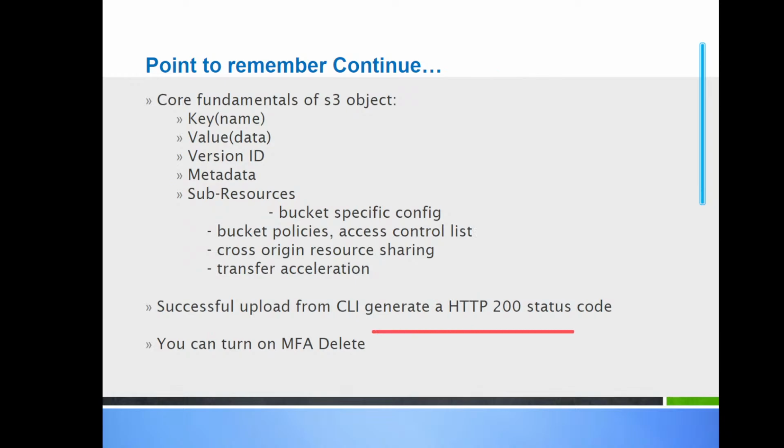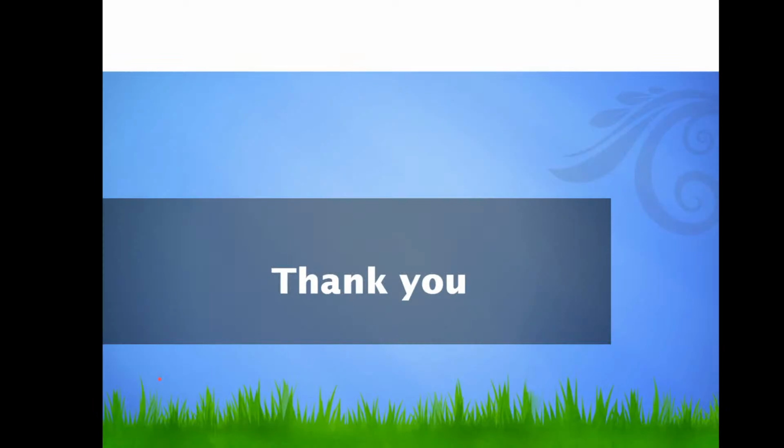Whenever you upload any data to S3, it gives a status code 200. And finally, multi-factor authentication for securing your deletes. If you want to protect against accidental delete, you can enable multi-factor authentication, so without that code, the file will not get deleted. So that's it for the basics of S3. Any question, any doubt, let me know.